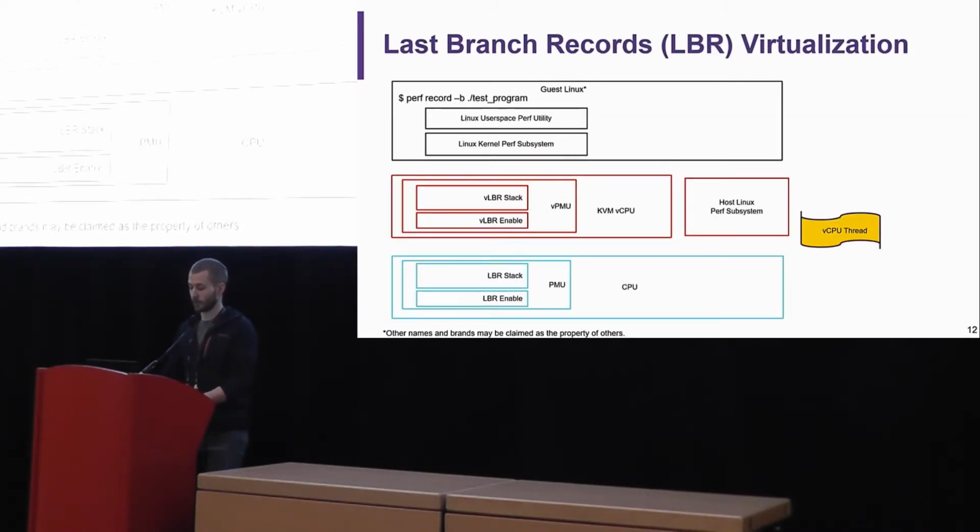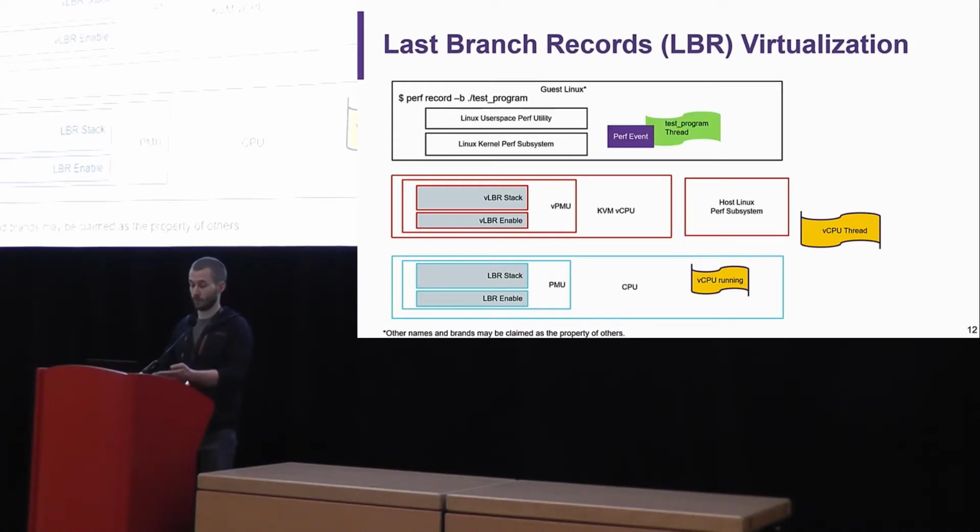For LBR virtualization, logically, the LBR MSRs are part of the PMU, and so accordingly, they're part of the virtual PMU in KVM. When we start running the vCPU, there's really no data attached to the vCPU for the LBRs at this point. At some point in time, the guest is going to create a test program with a perf event associated with it, and at this point, it does an MSR write to enable the LBRs.